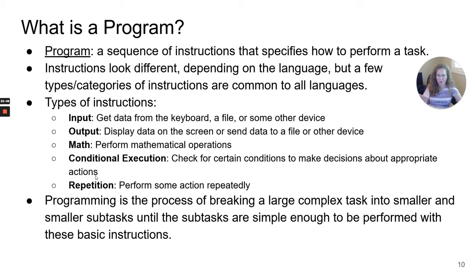So as a programmer, your job is to learn how to take a large task, like guess a random number that I'm thinking of, and break it into smaller and smaller subtasks, until the language is able to perform those subtasks.